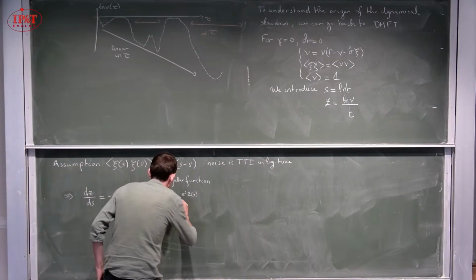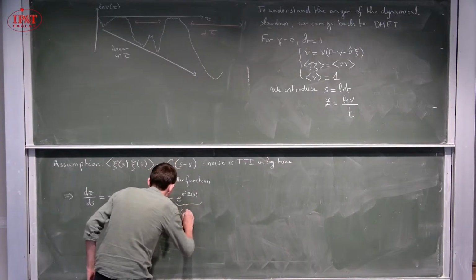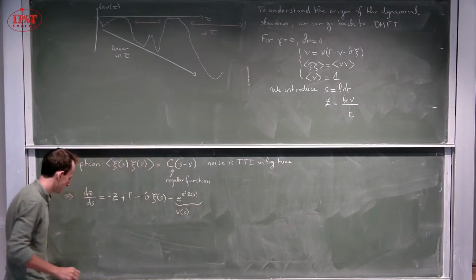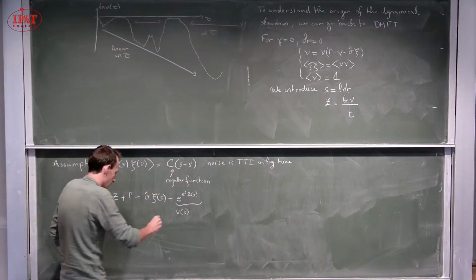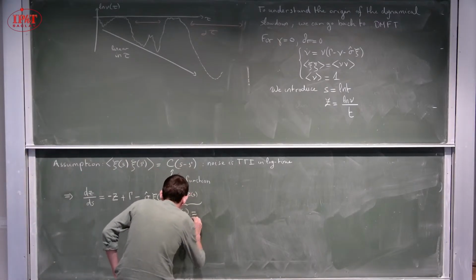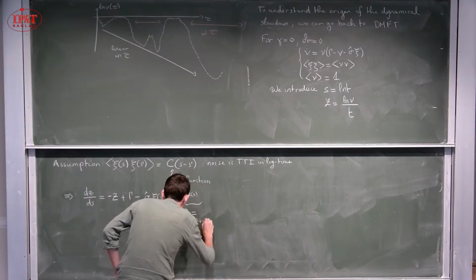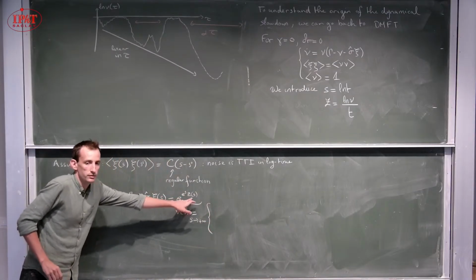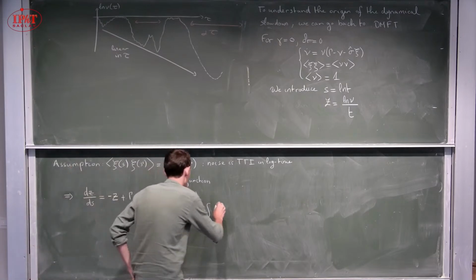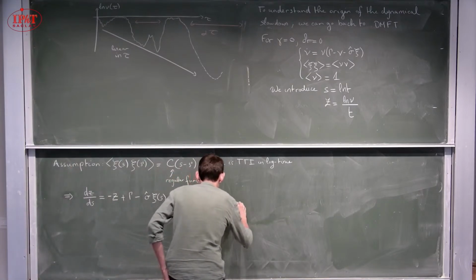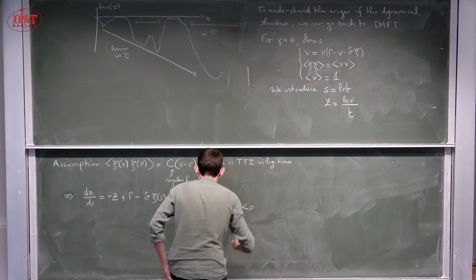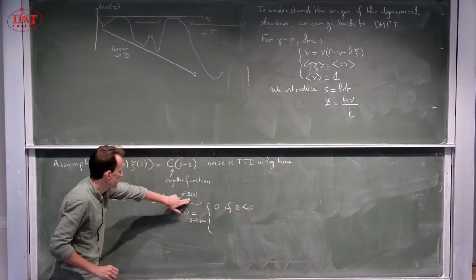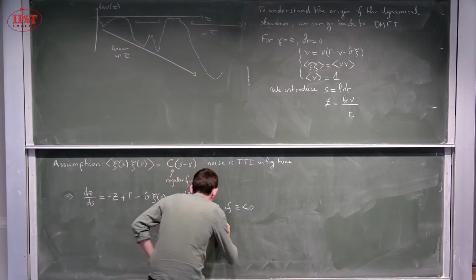So this is the new part. As s goes to infinity, this has the interesting feature that if I take z to be negative, this is 0, and this guy is plus infinity if z is strictly positive.